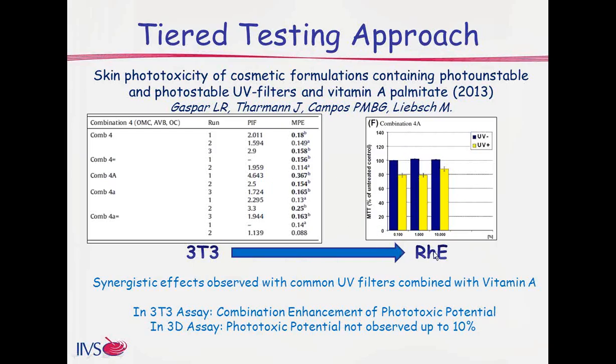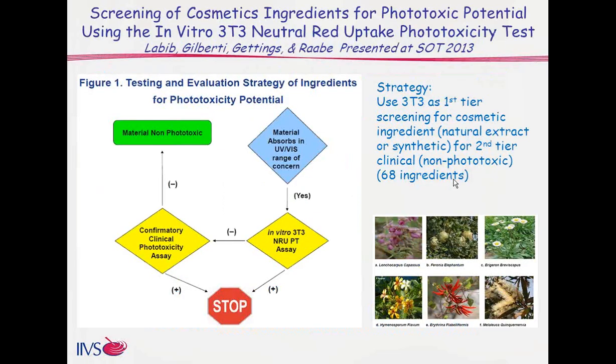Then moving to the reconstructed epidermis model, we have our concentrations up to 10% here, and our MTT as a percent of control. The combination which was phototoxic in the 3T3 was not phototoxic in any of the concentrations in the reconstructed human epidermis model.